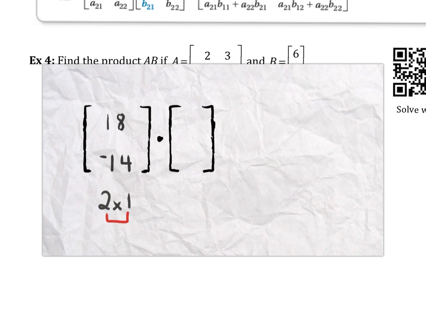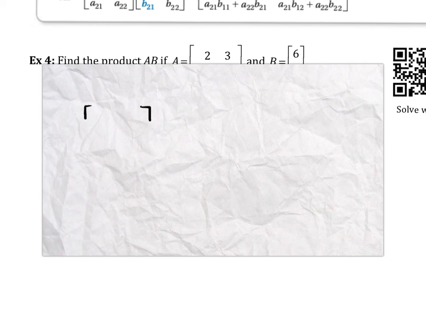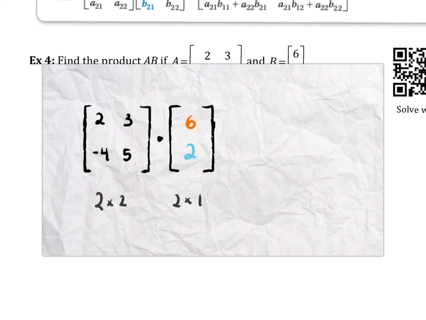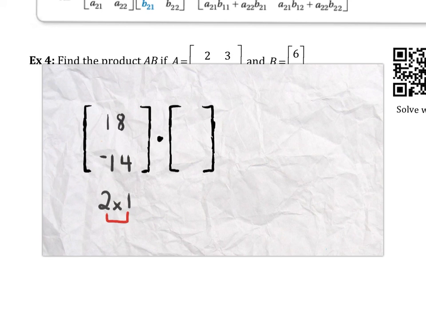And there we go. Now let me also point out to you, this time, how the dimensions work. So let's follow along with these dimensions down here. The dimensions, 2 by 2 here, becomes a 2 by 1. Why? Because the middle component matches.